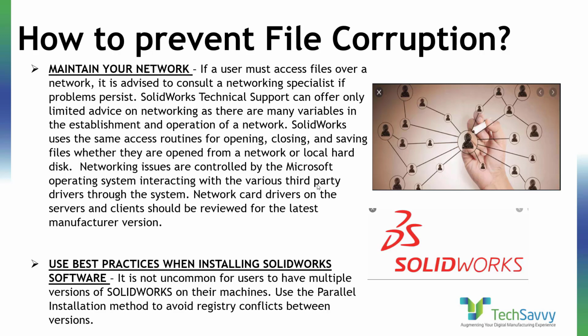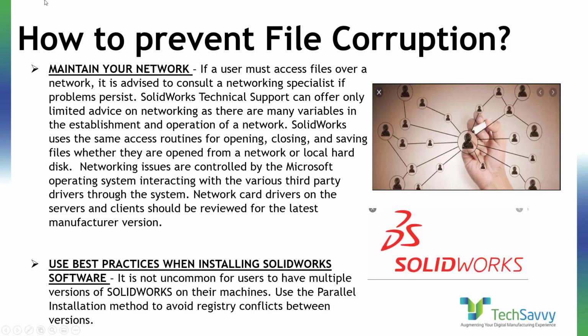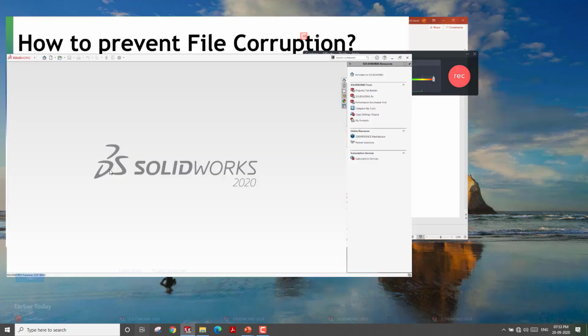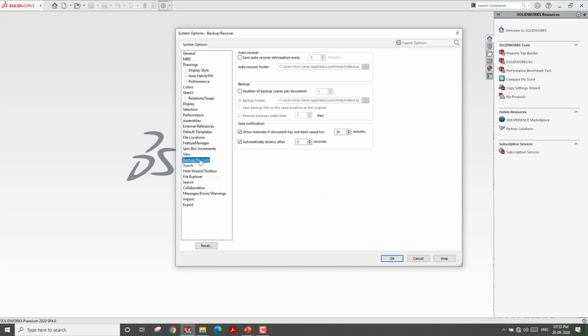And last, you should remember that whenever you are installing, you should create a backup auto recovery folder for the same. Let me show you in SolidWorks. After installing, use this backup and auto recovery option.